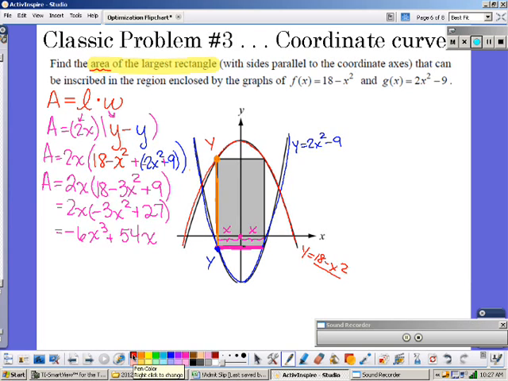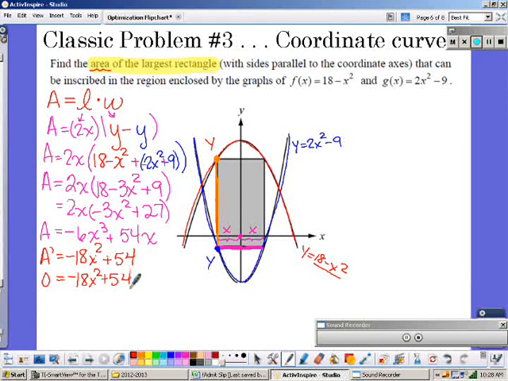Now the first derivative test tells us that we need to optimize this by taking the derivative of A. So we have A prime equals, using the power rule, negative 18x squared plus 54. Let's take this derivative and set it equal to 0.